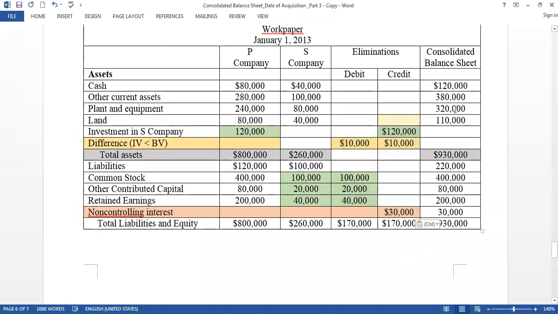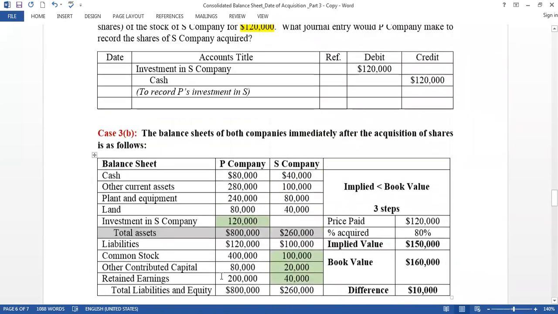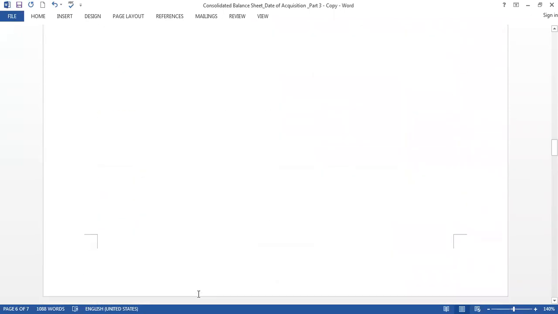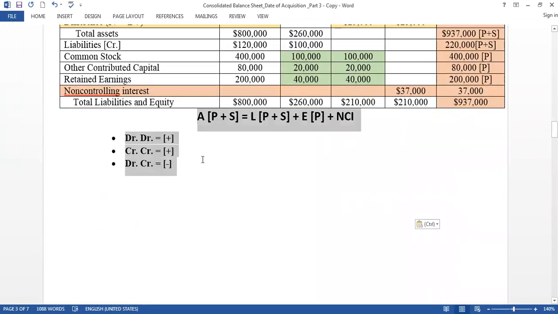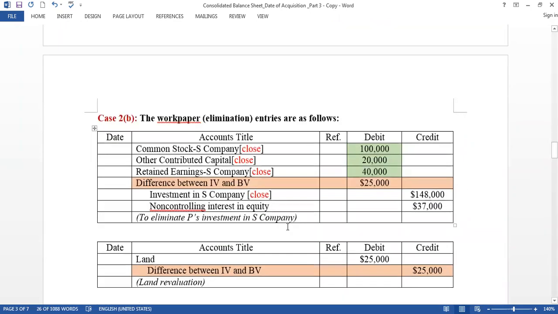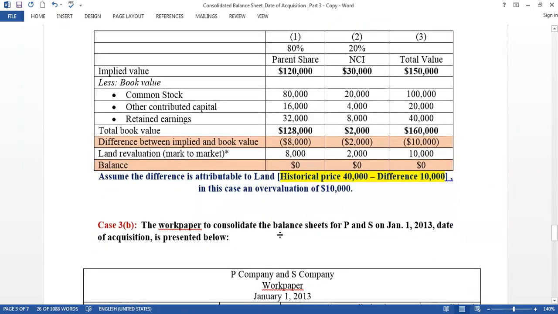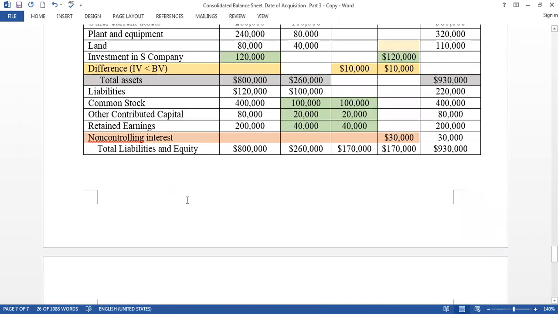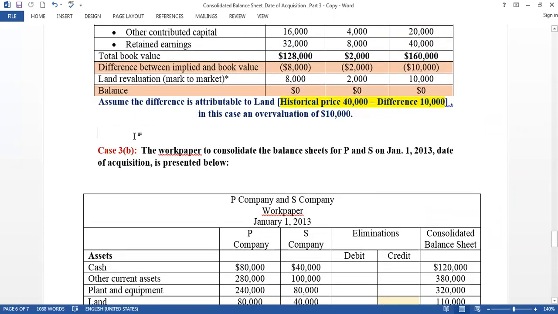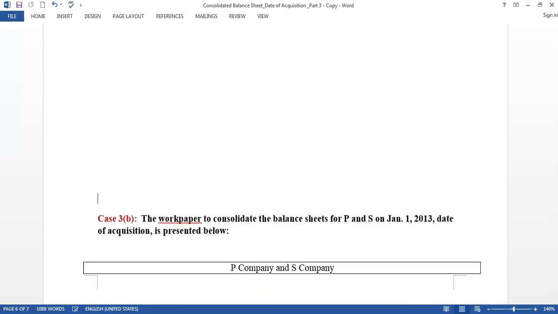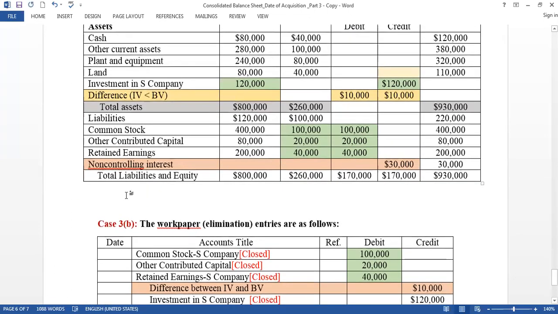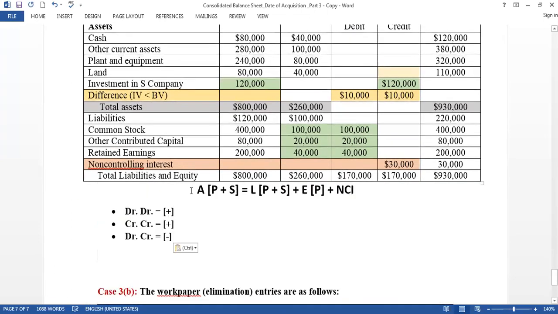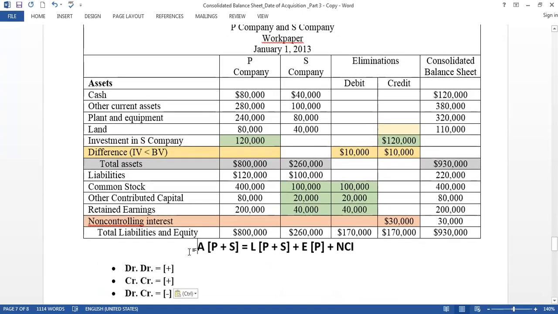Okay. After that, we prepare this consolidated balance sheet. And to prepare this consolidated balance sheet, we have to follow this. So this is the consolidated balance sheet.